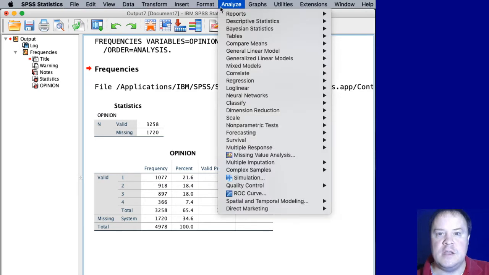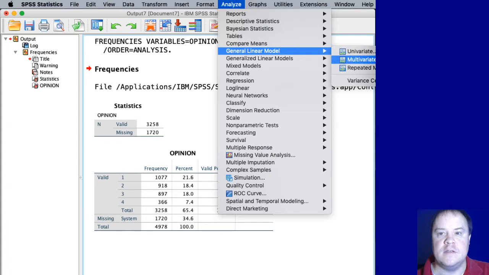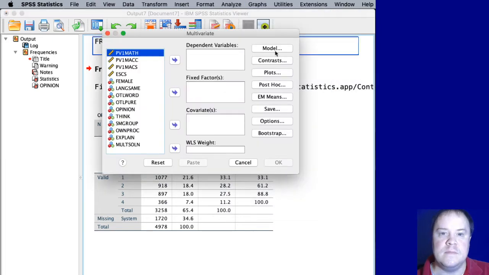All right, so then if we go to the multivariate model, let's go ahead and run that and see what this looks like. So go to general linear model, multivariate. And then this time the dependent variables are going to be the PV1 MACC and PV1 MACS.